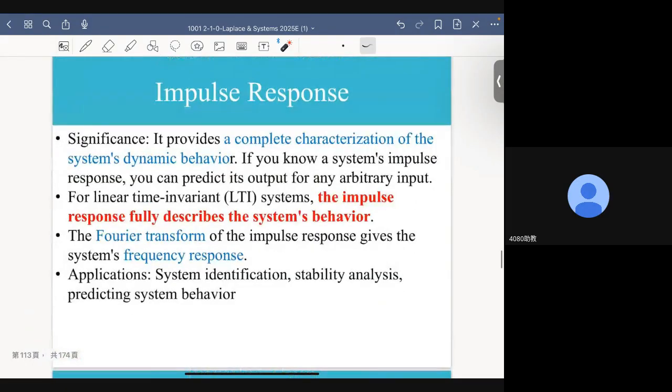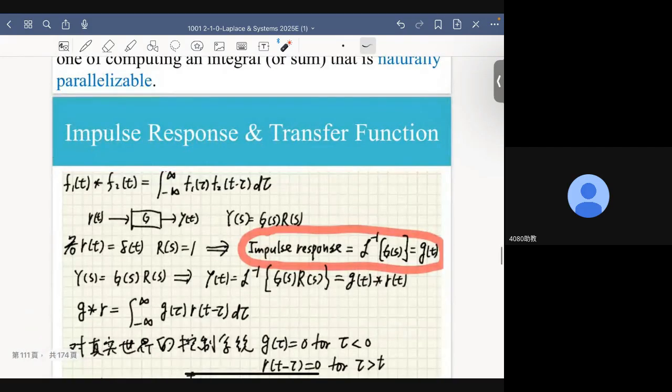Now, let's emphasize the significance of the impulse response. It provides a complete characterization of the system's dynamic behavior. Why? Because the impulse response is the inverse Laplace transform of the transfer function, and the transfer function represents the system model in the s domain.